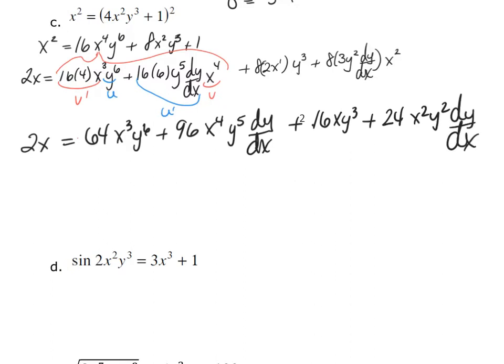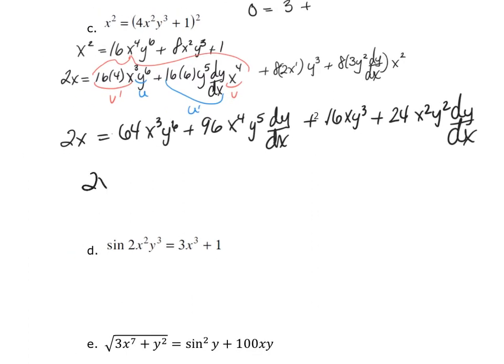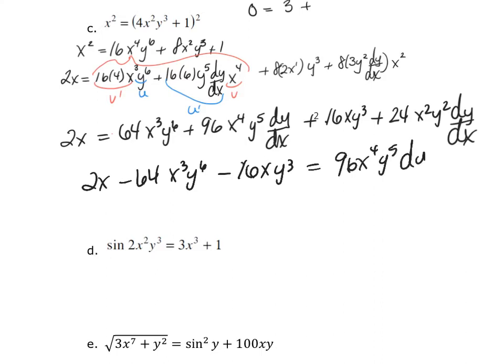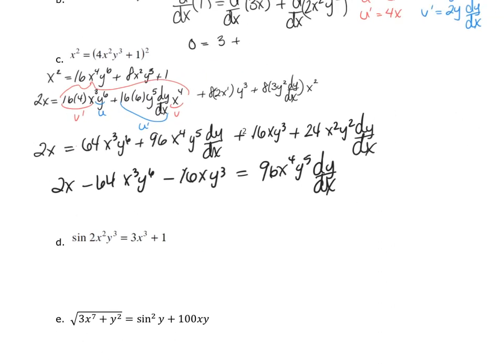Anything with the dy/dx will stay, anything without the dy/dx will move. So quickly, this will end up being 2x minus 64x cubed y to the 6th minus 16xy cubed is equal to 96x to the 4th, y to the 5th, dy/dx, plus 24x squared y squared dy/dx.